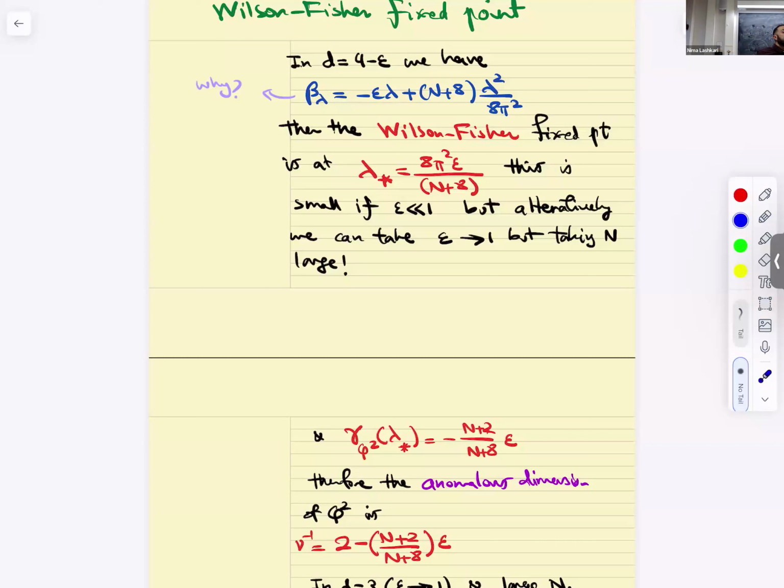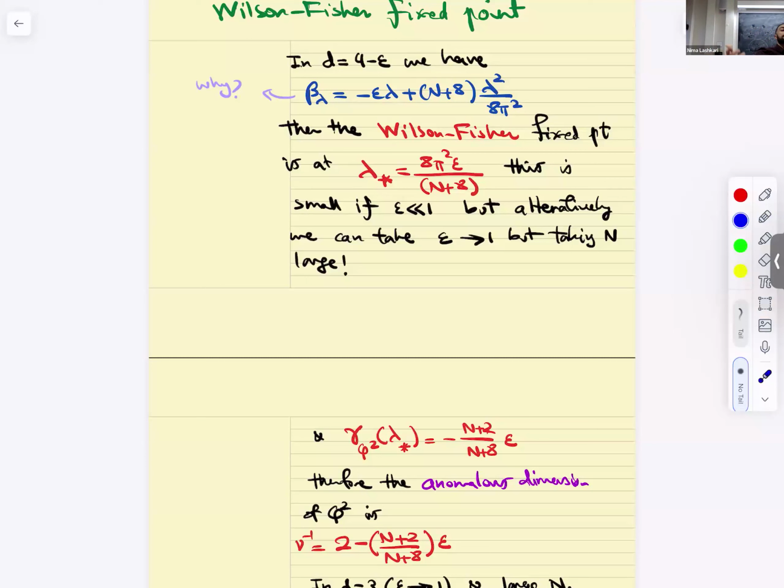But you're asking about ħ, yes. Remember, ħ being small was the justification for the saddle point approximation, the stationary phase approximation, right?